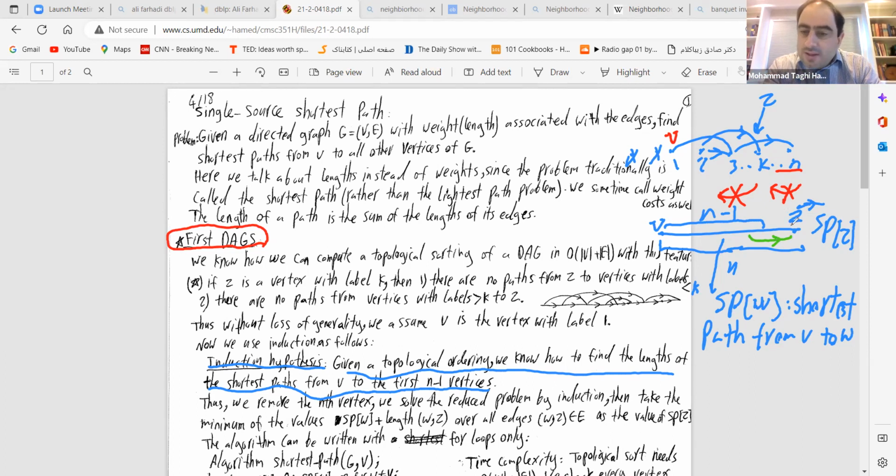So we know that the shortest path from V to Z should come from some vertex before, because there were no backward edges.